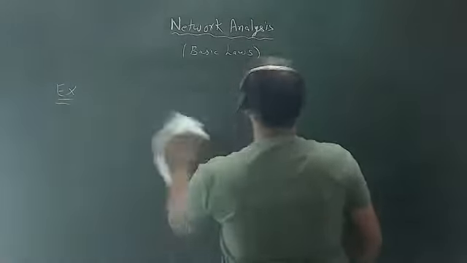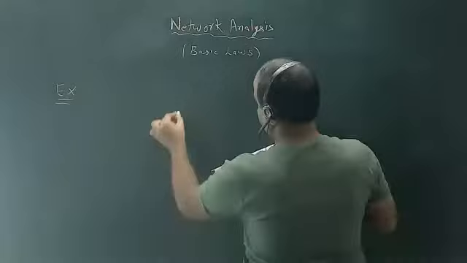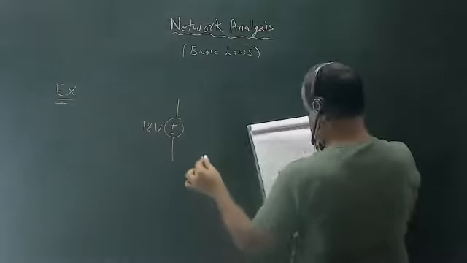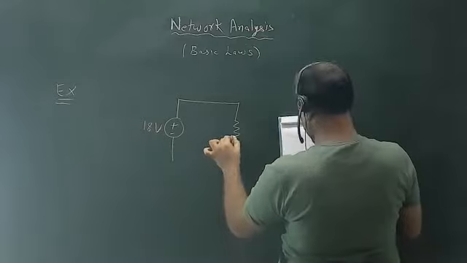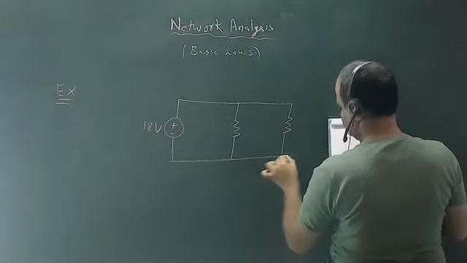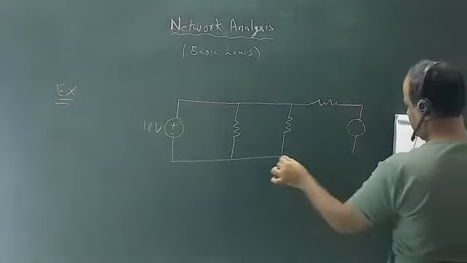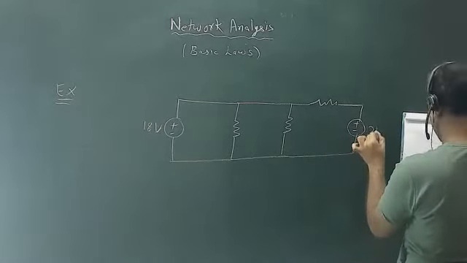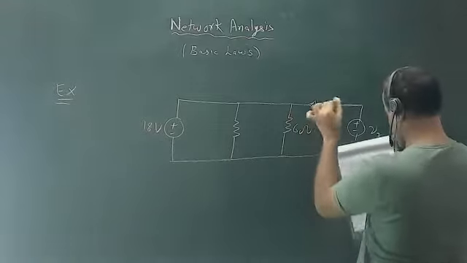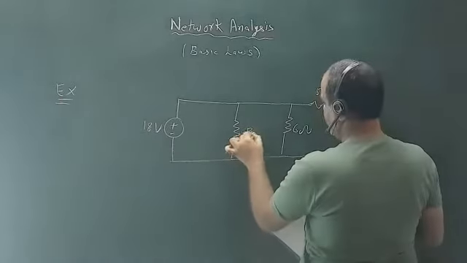We are here trying to learn how we will apply these laws in circuits, so I'm giving a simple problem so that you can have some practice. This is 18 volt. This is 6 ohm, this is 5 ohm, and this is given as RA.